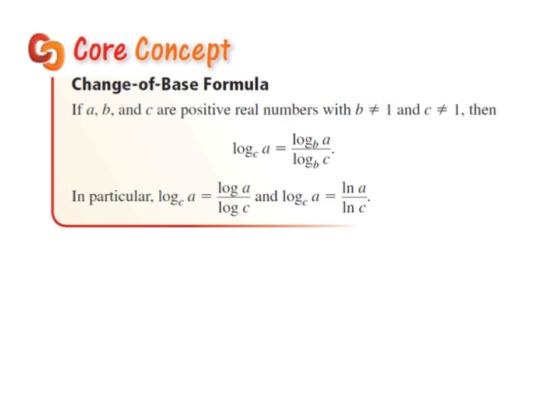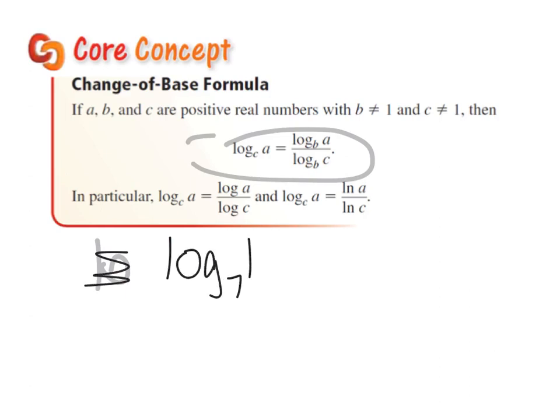So if you start with log, let's look at this one, log base C of A equals log base B of A over log base B of C. That would be, for instance, if you had log base 7 of 15 and you wanted to change that to log base 5. Basically what that would look like is you would use this formula right here.